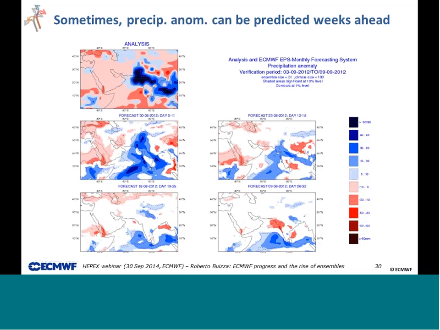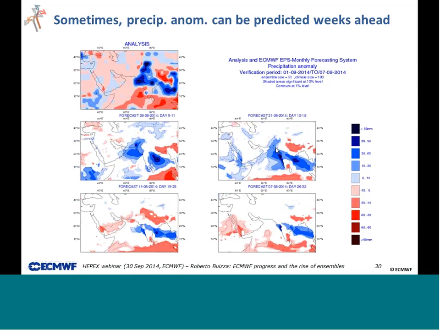What each of these panels shows is the anomaly of a forecast with respect to the model climatology, and it's colored only when the forecast PDF is statistically significantly different from the climatological PDF. 2014, again, one to two weeks before the event, we have a signal. We don't have any signal at week 3 and neither week 4.